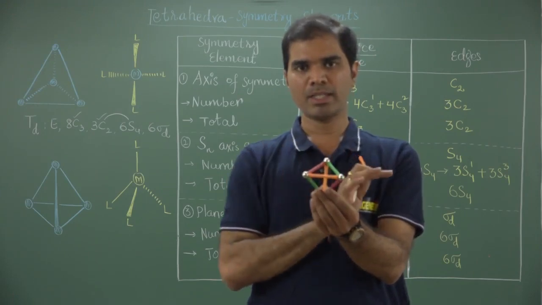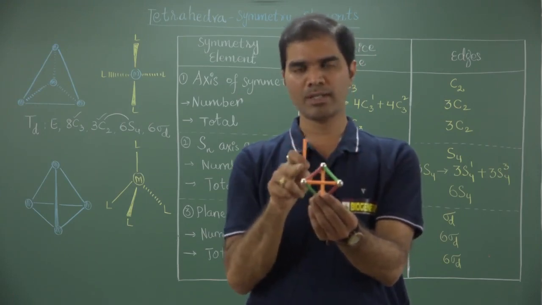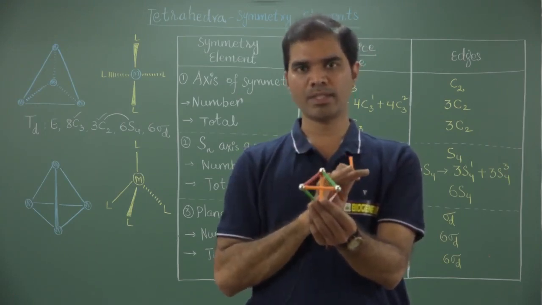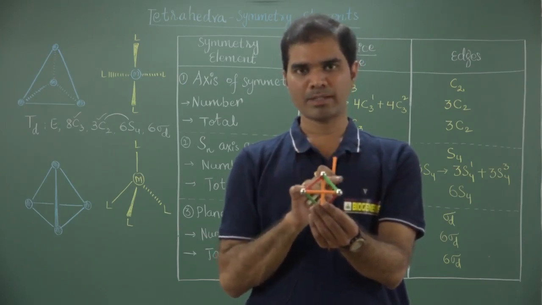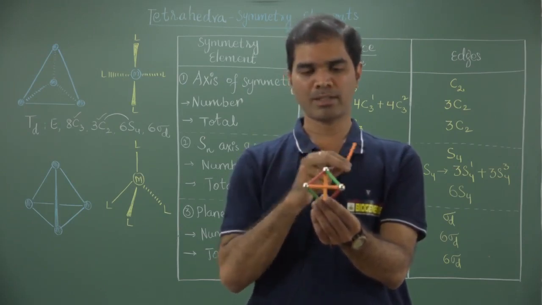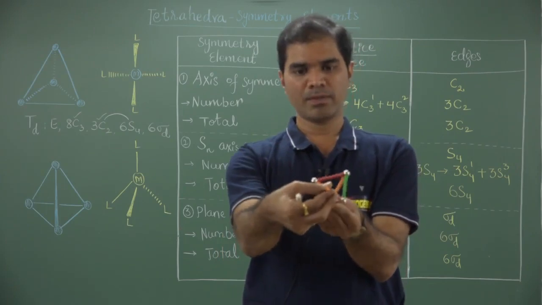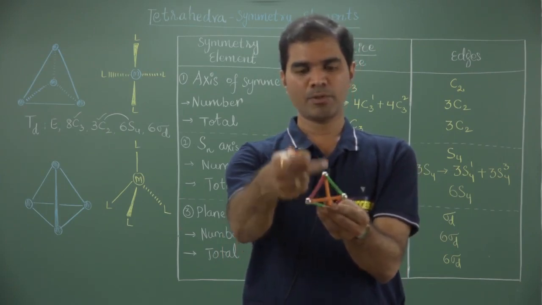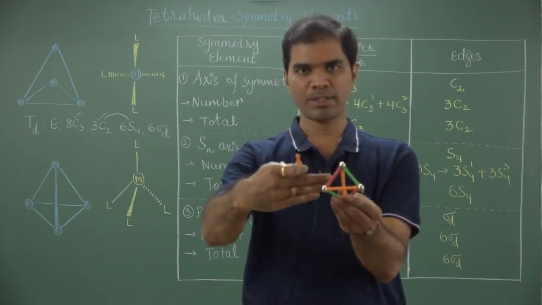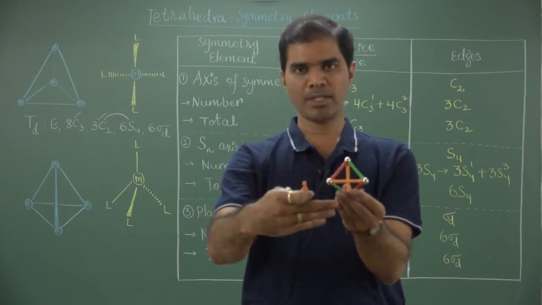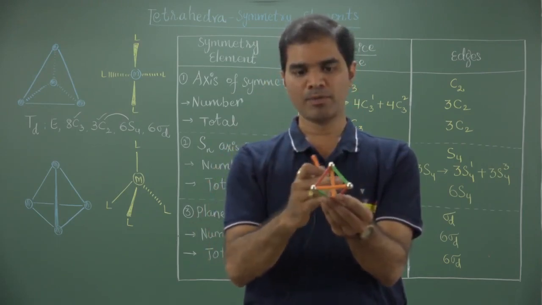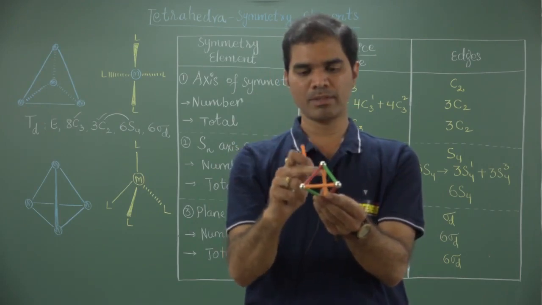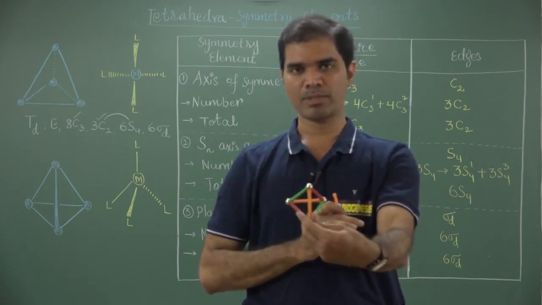S4 means you have to rotate and then reflect, then you can get an equivalent structure. It is an improper axis. Sn is an improper axis in a tetrahedron. I have rotated and then followed by a perpendicular reflection. So once I pass a plane perpendicular to rotation, the away half will reflect towards you. It means this particular half is reflecting towards you.